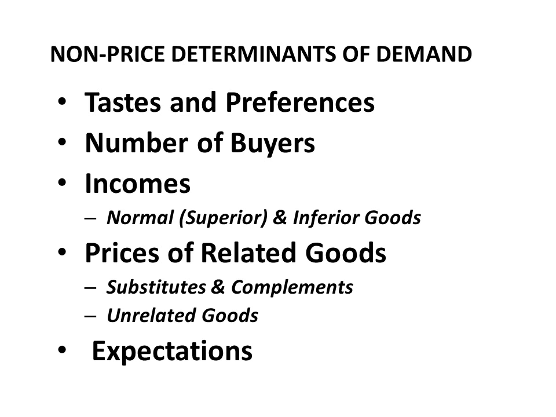In general, when we talk about expectations, we talk about three types of expectations. Expectations about future product availability, expectations about future product price, and expectations about future income. Before we go on to the next slide, remember, these non-price determinants of demand will create what we call a change in demand.